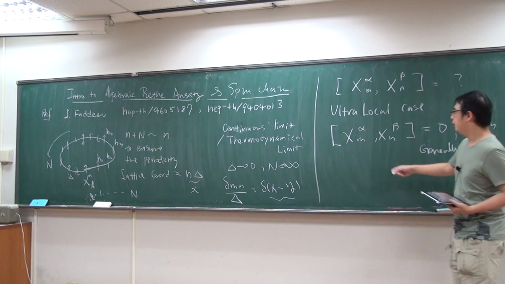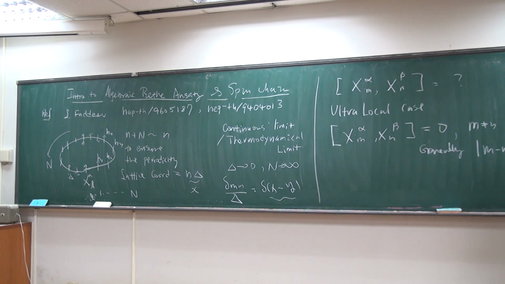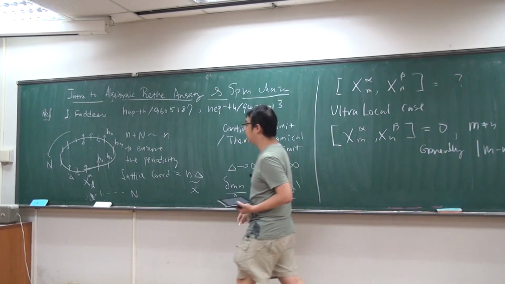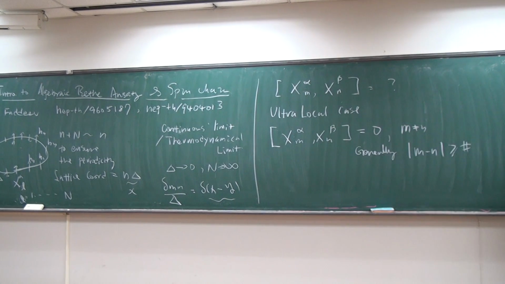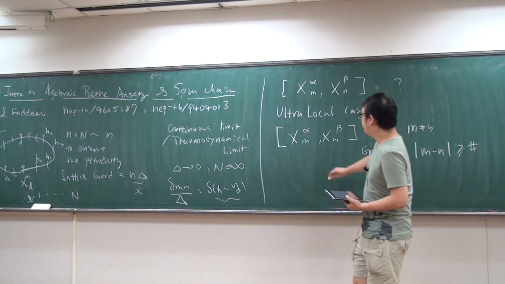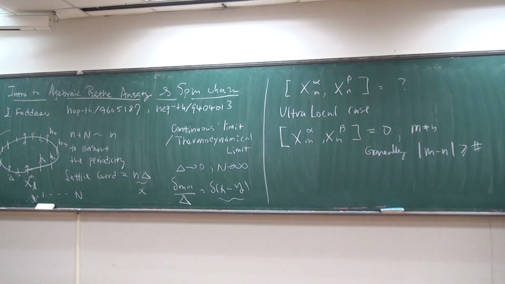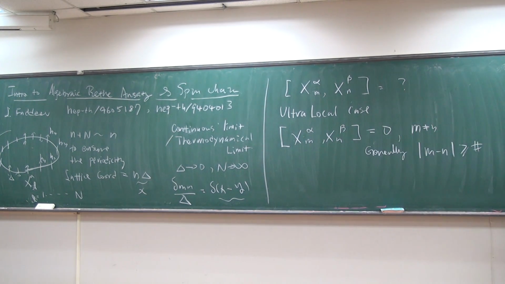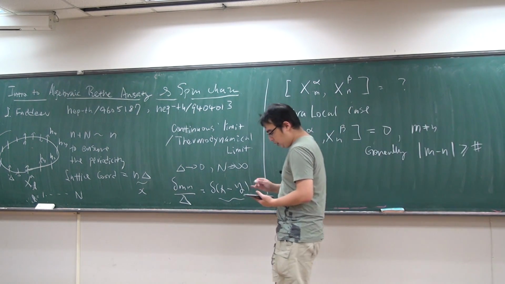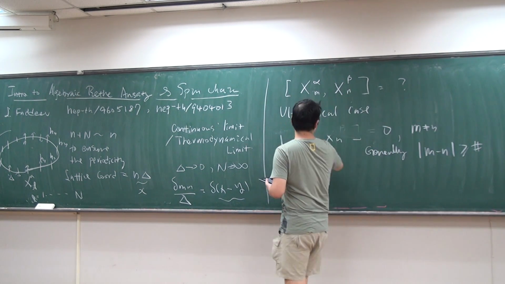And if they have interaction, then generally you expect the operators associated with each of those sites do not commute with each other. Okay? Even though those are just some simple mathematical definitions, hopefully you can appreciate the physical meaning in imposing those various kinds of constraints. Okay, so we'll be focusing mostly on the ultra-local case.